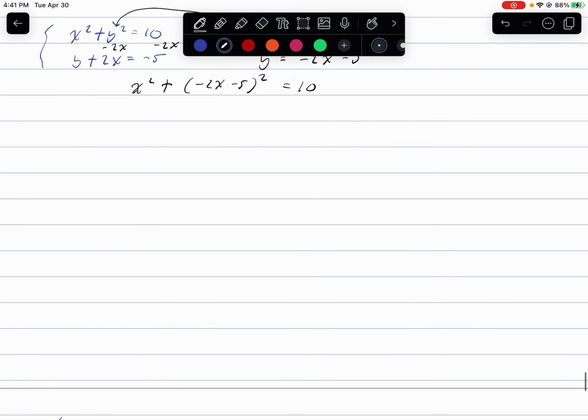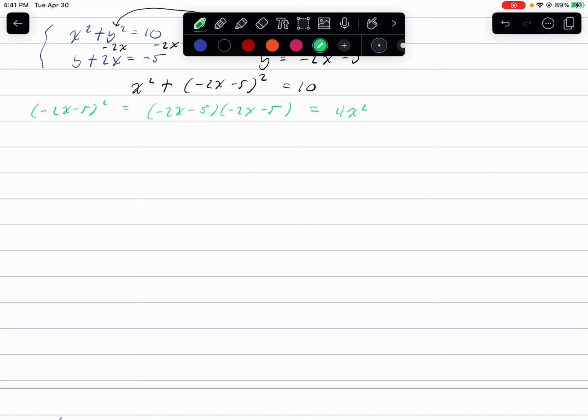is equal to 10. Now we need to expand negative 2x minus 5. So negative 2x minus 5 squared is the same thing as negative 2x minus 5 times negative 2x minus 5. If we do our FOILing here, we'll do our firsts. Negative 2x times negative 2x gives us positive 4x squared.